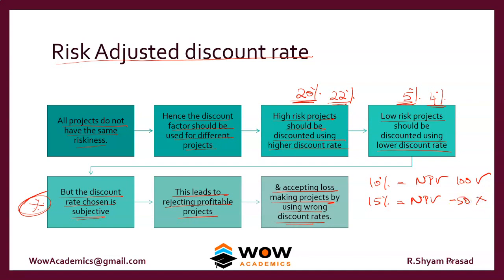See, if you have a high discount factor, there's a chance that you will reject the project. So that is a problem if you choose subjective discount factors like this. Okay, so that's what they are telling about this question, this part. For this part, you try to work it out.